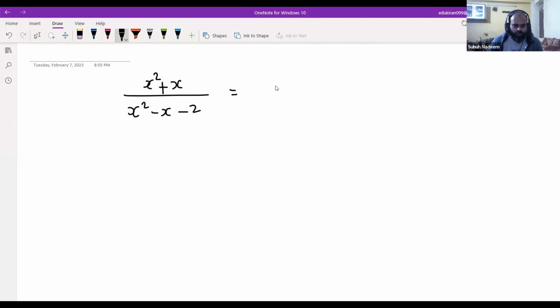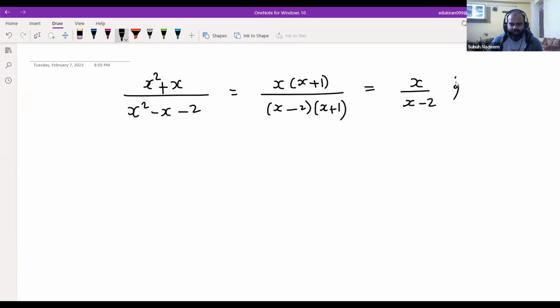Yes, sir. So you need to first factorize this. Of course, you have got it by factorizing, but you have to show here that it is x minus 2 into x plus 1. Now x plus 1 is common to both of them. So you have to write x upon x minus 2, and write on the side that x is not equal to -1.